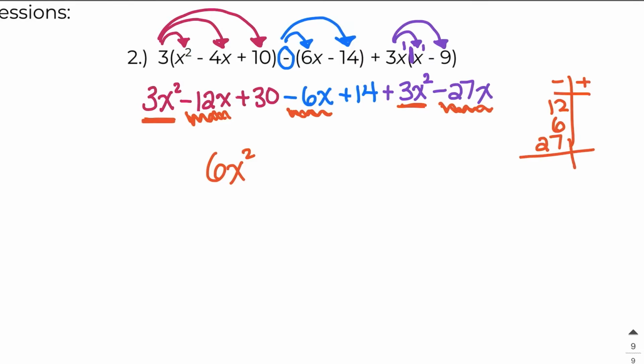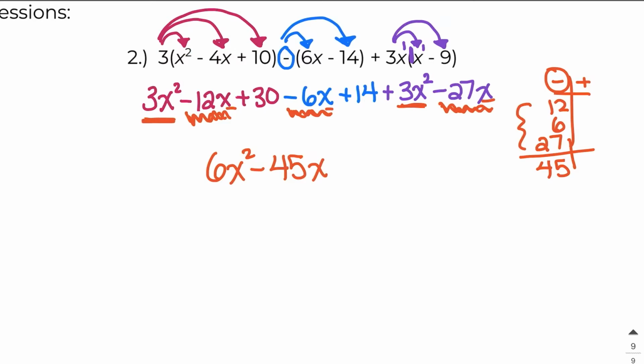So it's very clear that team negative won the game, so I'm going to write down a minus sign here. But by how much? Well, 12 plus 6 is 18, and then 18 plus 27 would give me 45. So this means that team negative wins by 45 points. But because these each have x's on them, I have to say minus 45x.